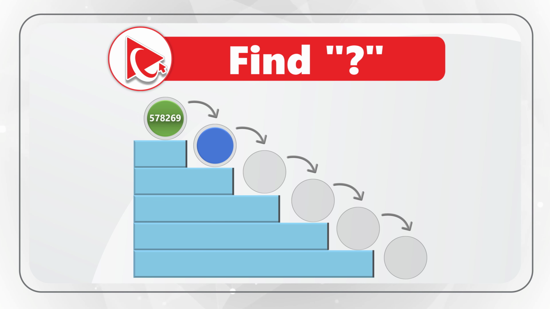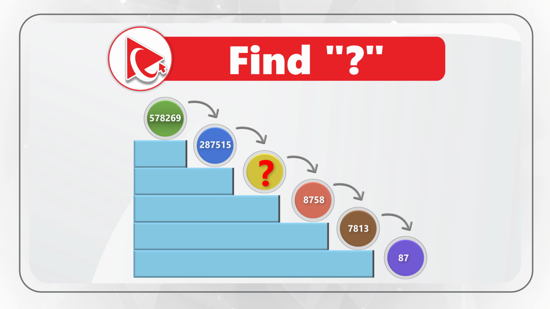Then it becomes the yellow ball with the missing number. As it continues, the numbers we see are 8, 7, 5, 8 in the pink ball. As it rolls, we see the brown ball with the numbers 7, 8, 1, 3. And then as it continues to roll to the last step, it's a purple ball with the numbers 8, 7, 4 inside.